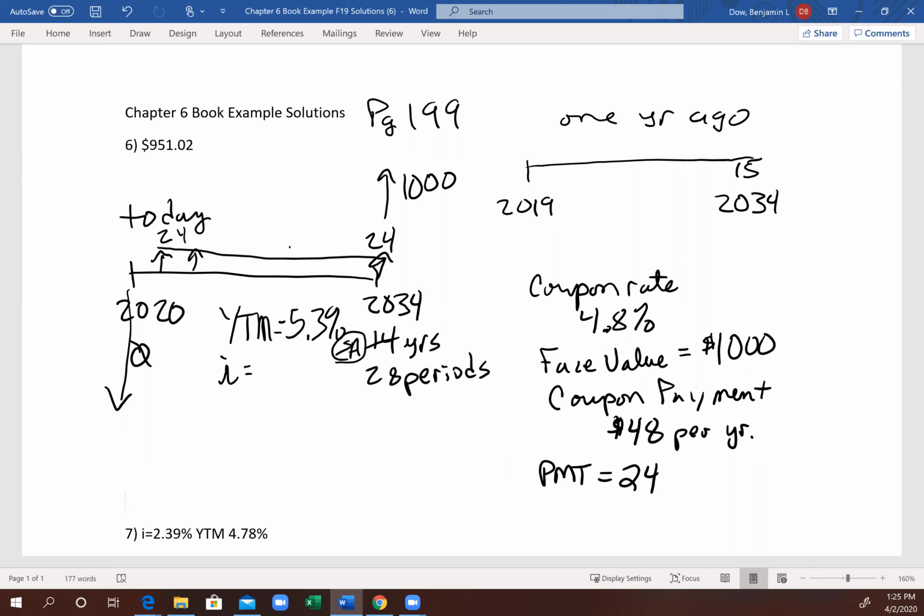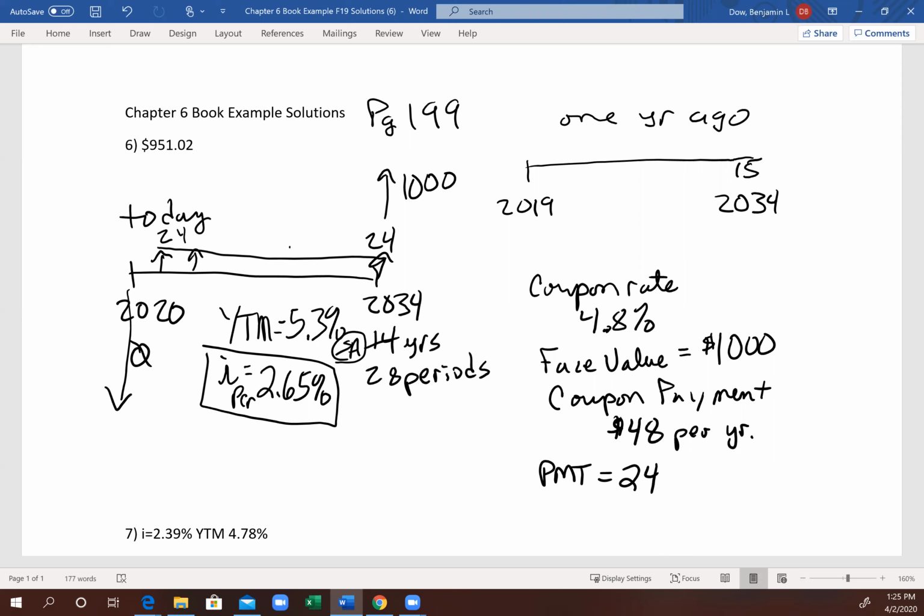So that's 5.3% a year compounded semi-annually. So the interest rate per period, or the periodic interest rate, is 2.65%. And that periodic interest rate is what we want to use in our calculations.